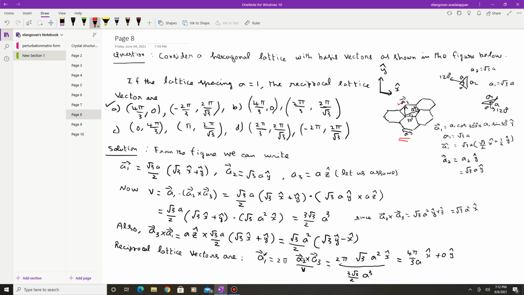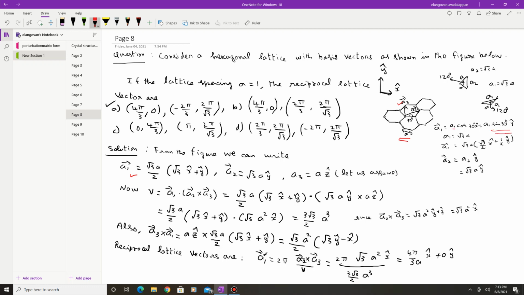From the figure we can write a1. Because this is a1 and this is a2, a2 lies along the y-axis. For a1, find the vector along the x-axis. So the a1 vector can be the magnitude of a1 cos 30 degree along x plus a1 sin 30 degree along y.